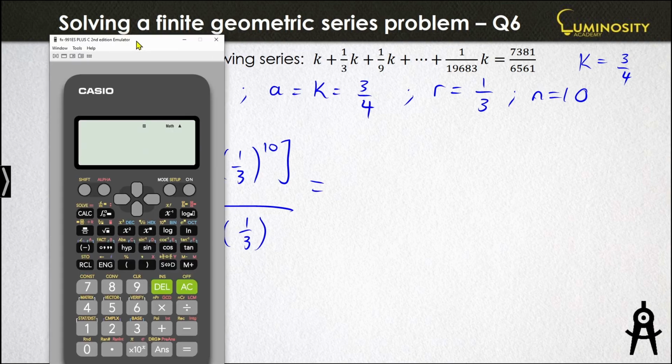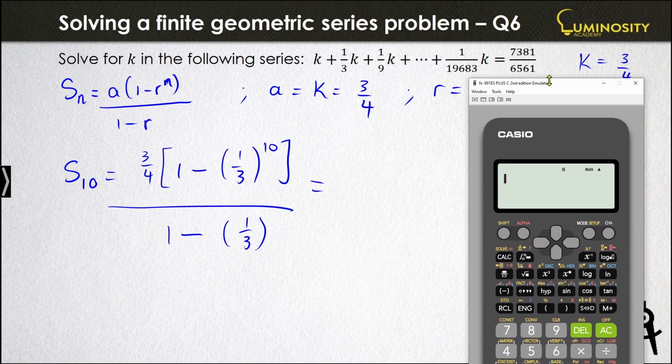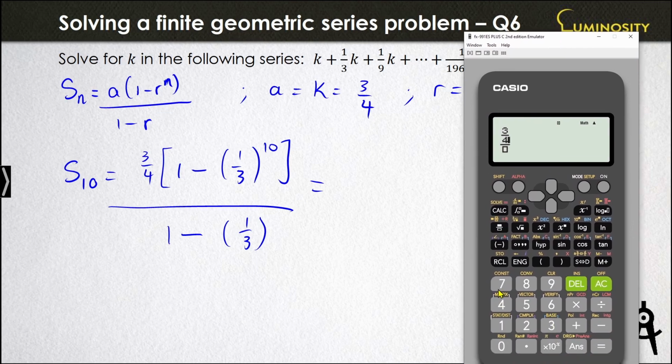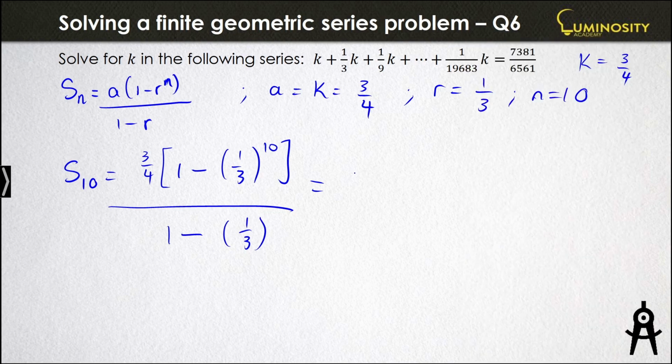And let's go ahead and see if we get that sum that was there on the right-hand side. 3/4 times 1 minus 1 over 3 raised to the power 10, all over 1 minus a third. And if I do that, I get 7,381 over 6,561. And that was the term on the right-hand side.